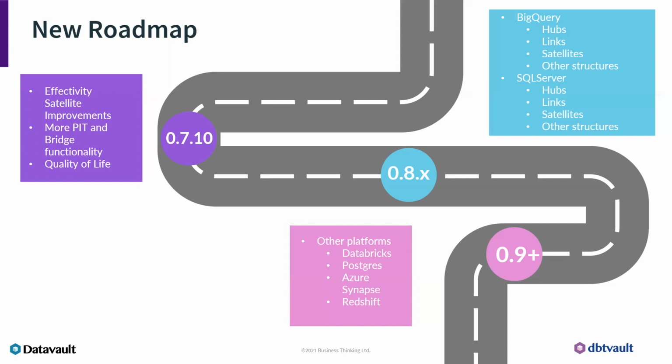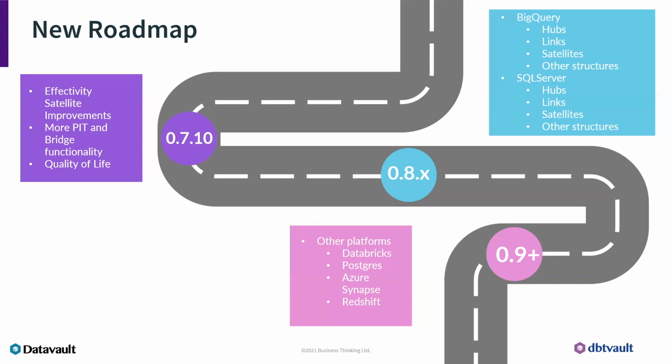So really excited about that. And Azure Synapse and Redshift are also two things that have been asked about a lot by our community and clients. The thing with Redshift is that because Redshift is based quite a lot on Postgres, Redshift support should be quite simple after Postgres. That's why we're prioritizing Postgres first, because Redshift should come quite easily after that.